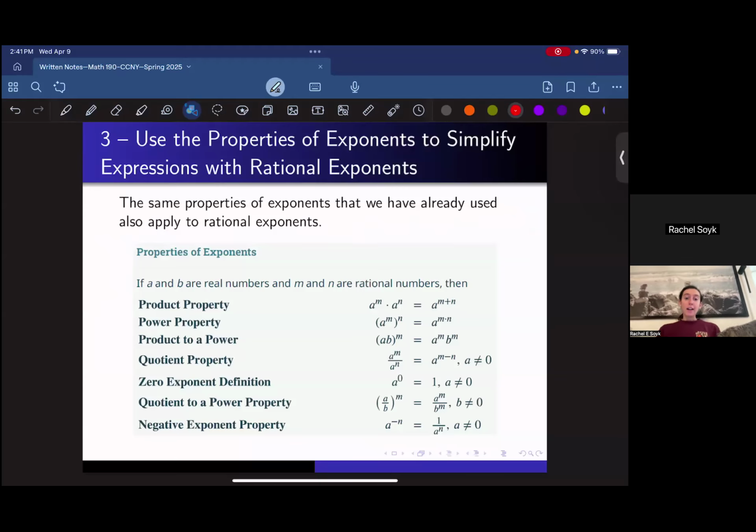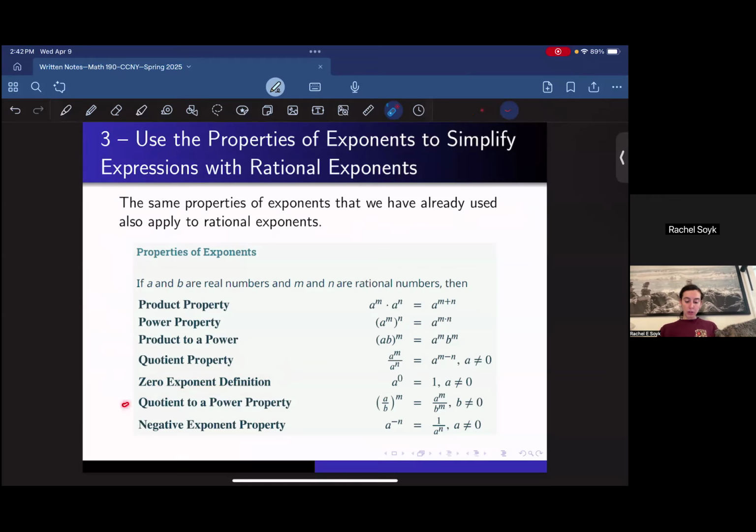So, what did we cover throughout all of these past slides? We covered our review of product property, power property, product to a power, quotient property. We didn't really see our zero exponent definition, but we might see that soon.